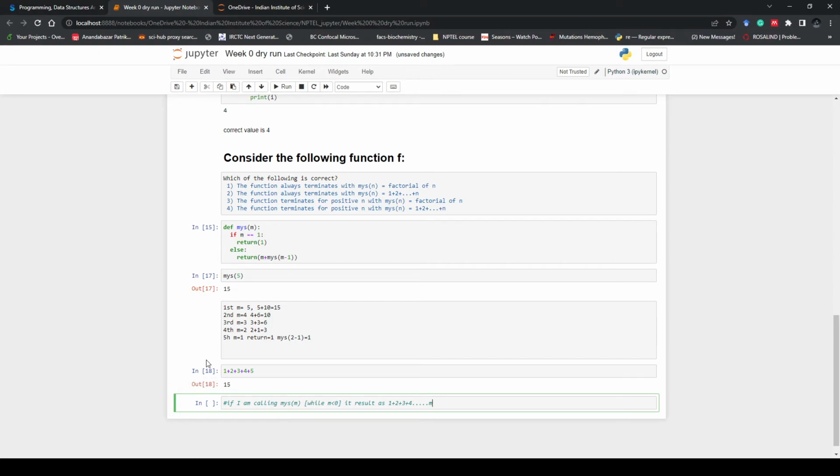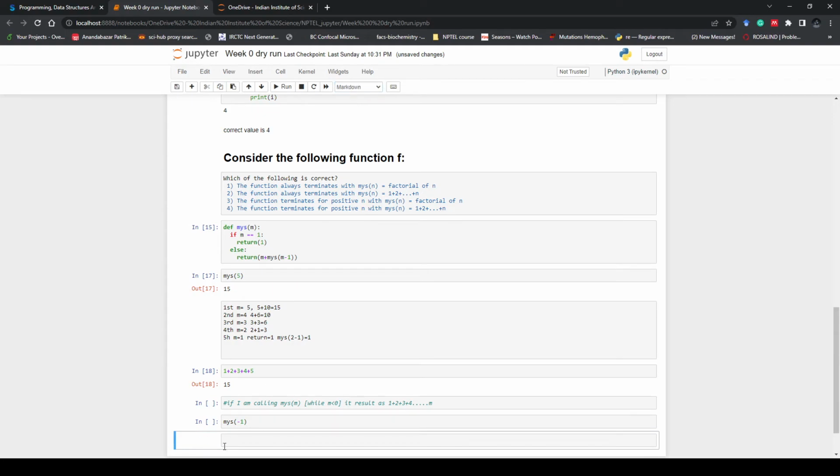Now think about what will happen if I put here m as mys of -1. I will not run this because it will run into an infinite loop. Why?